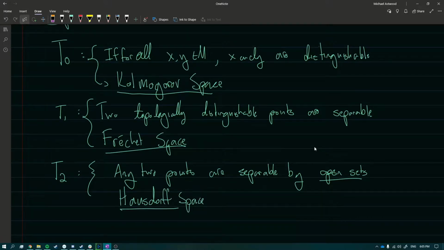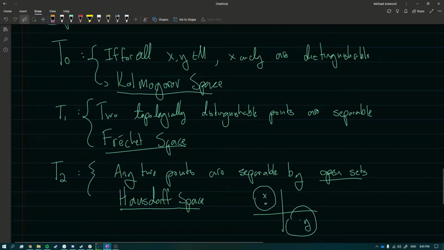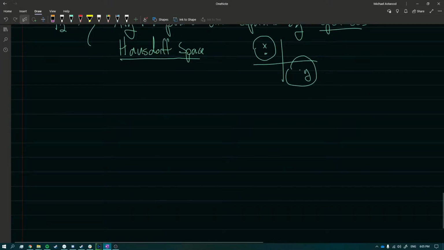So Hausdorff spaces have very nice properties. You can take 2 points, x and y, and you can put open sets around x and y that are completely separated. There are more axioms. There's T3 and T3.5 and T4 and so on, but we're not going to talk about those today.